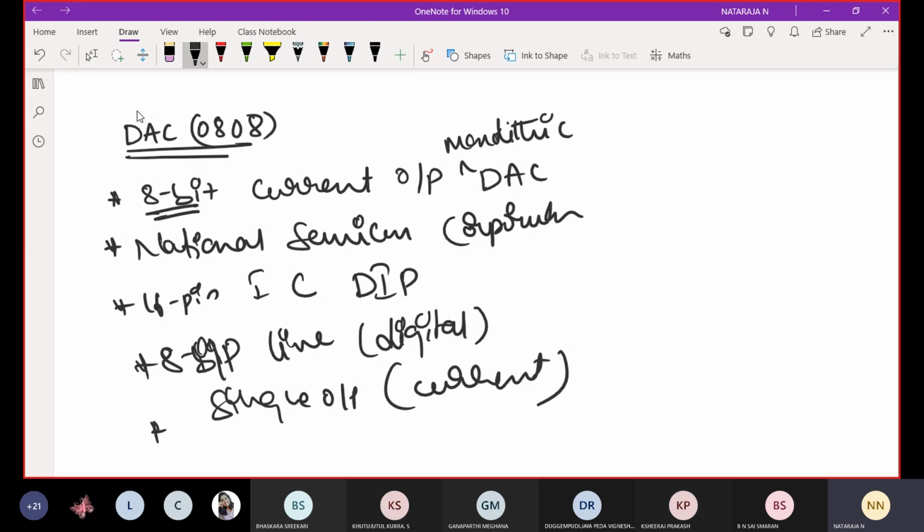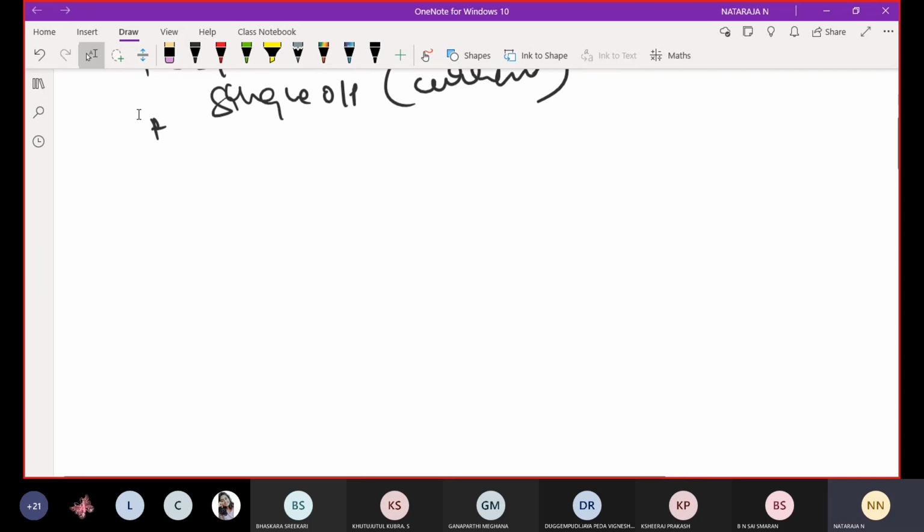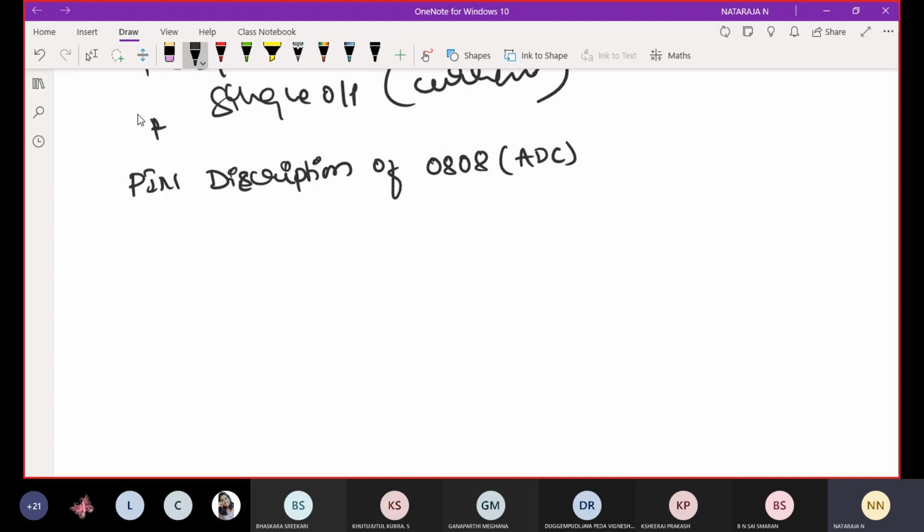Then we'll discuss the pin description of 0808. Okay, next we'll discuss the pin diagram of DAC 0808. Pin description or pin diagram.